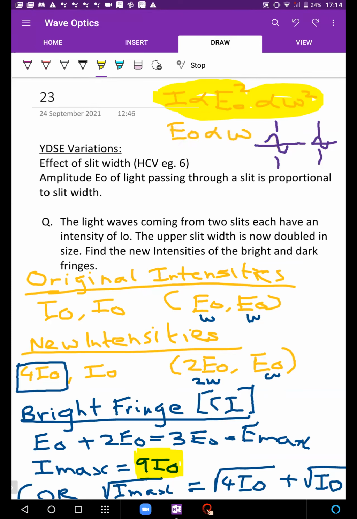So basically then इसमें questions can come कि हमने जैसे एक स्लिट को डबल किया तो इंटेंसिटी 4 गुना हो गया, तो फाइनली what are the new intensities of the bright and dark fringes? So from I naught they'll become 4 I naught and I naught.